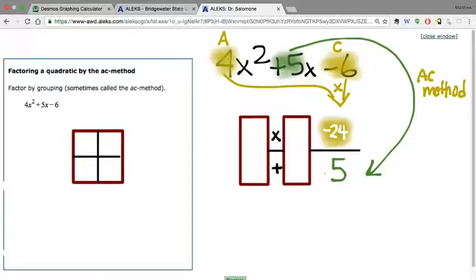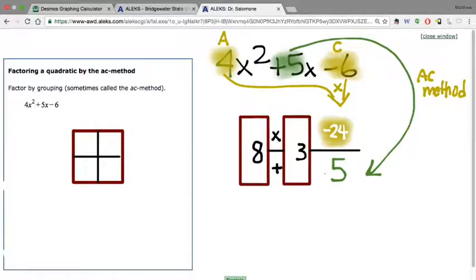So now that we've reframed this, that's going to change our thinking about what pair of integers satisfy this sum and product game. So what two integers multiply together to give me negative 24, but also add together to give me positive 5? 8 and 3 are 5 units away from one another, such that when we give them opposite signs and add them together, their sum can be made to be positive 5.